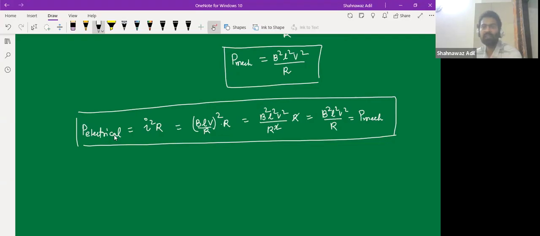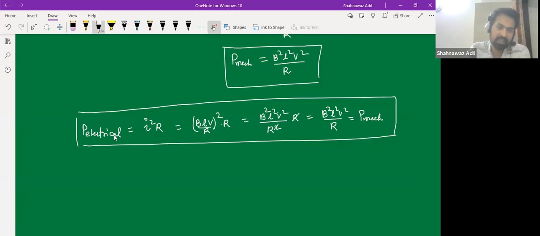So this is what Lenz's law says, right? It is saying that whatever energy you are supplying, the same amount of energy is converted to electrical power, which means that energy is conserved. Is this part clear? Whatever mechanical work you have done is converted into electrical power.